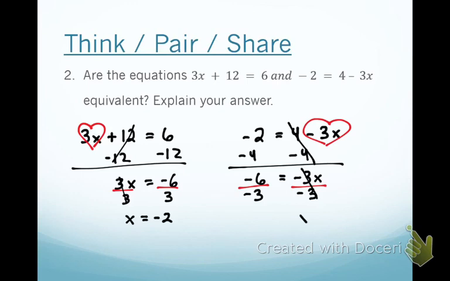So this cancels out, and we're left with x equals, class, what does x equal? 2. So here's the question. Are they equivalent? And explain your answer. No. Okay, -2 and +2 are not equivalent. That means they're not the same thing.